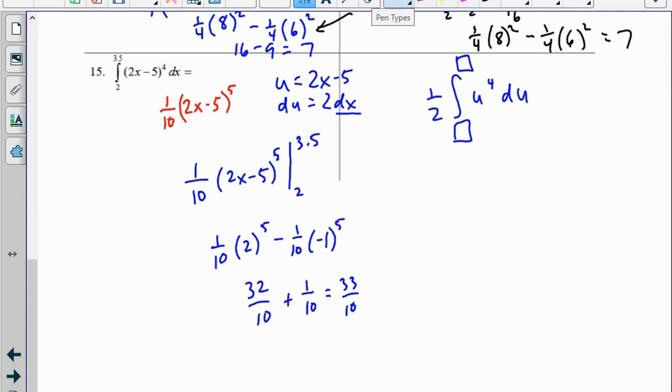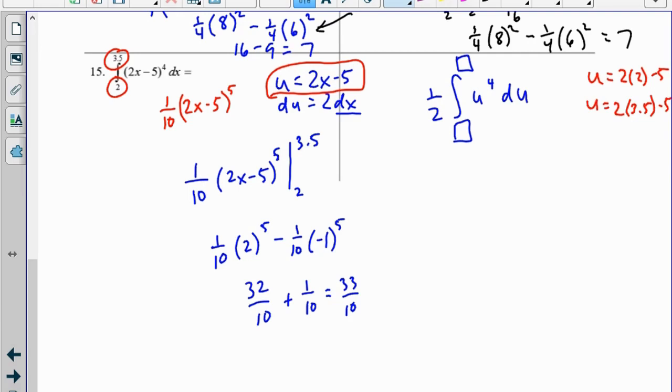I take what my original bounds were in terms of x, and I sub them into u equals 2x minus 5. So u equals 2 times 2 minus 5, and u equals 2 times 3.5 minus 5. So in this case, u ranges from -1 to 2.